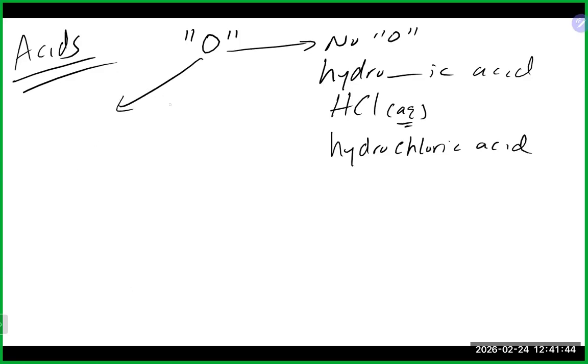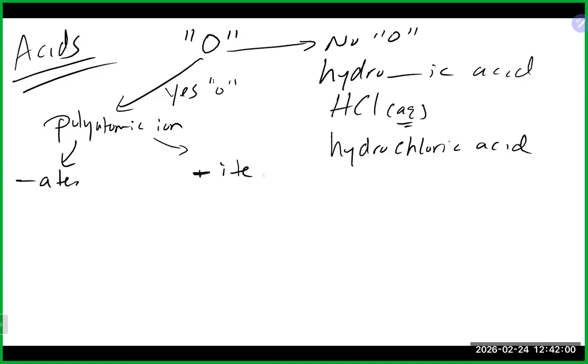Now, if it does have oxygen, and the answer is yes, it will probably have a polyatomic ion. And as we just talked about, that will either end in ate or it will probably end in ite. And if your polyatomic ion ends in ate, your acid will end in something ic acid, like HNO3, aqueous.